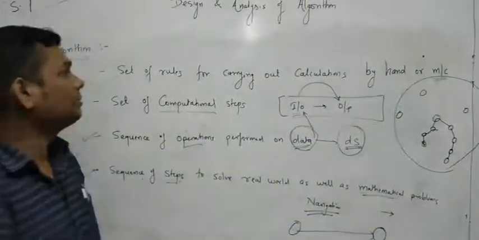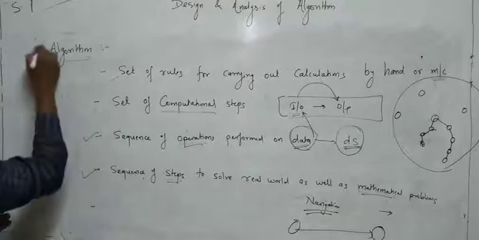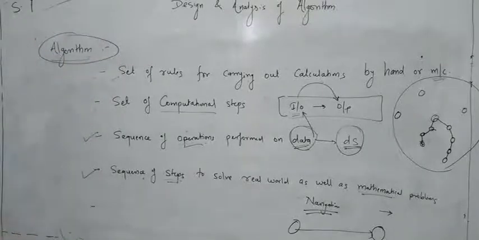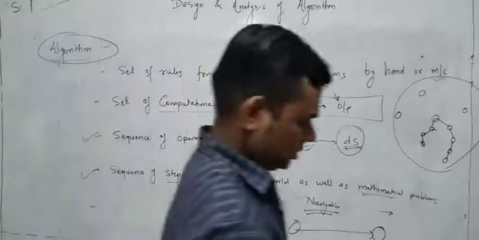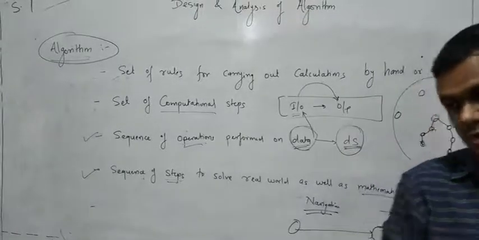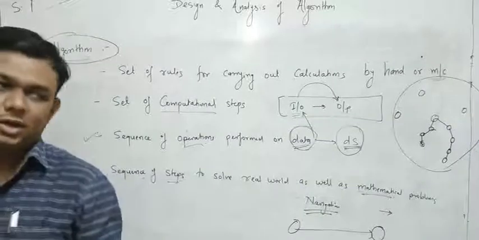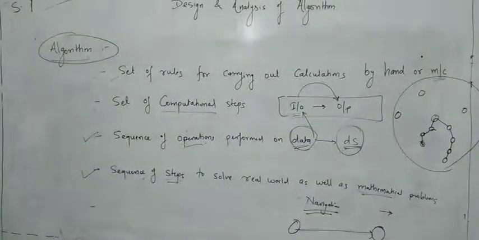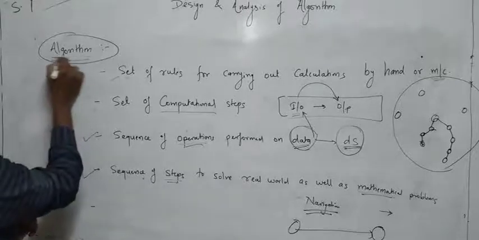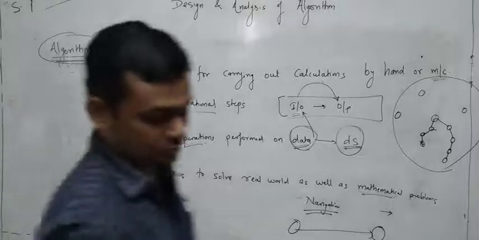So for that purpose we use algorithms. So an algorithm is a set of sequential steps or procedure to calculate or to solve real-time mathematical as well as different types of problems. That particular concept is called an algorithm.